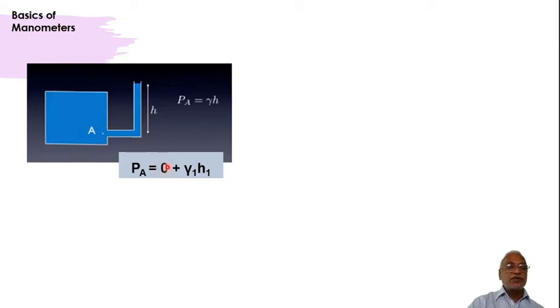So atmospheric pressure is taken as 0, and then when we move down into the liquid, we add, there is a plus sign, and we are going in the liquid of specific weight gamma, or gamma 1 I have written. Through what distance? Through a distance, say h1. So gamma 1 h1.